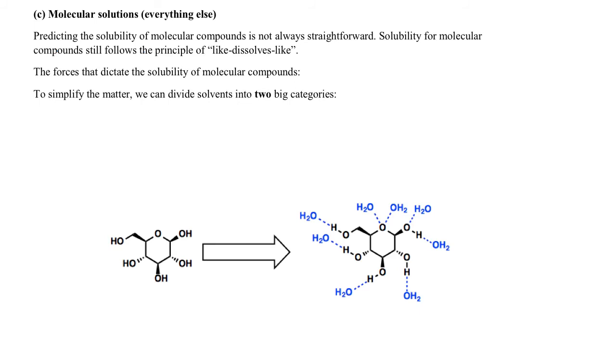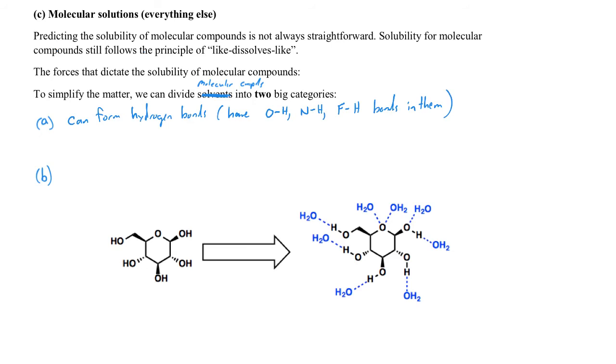So there's a lot of variation in it, and for that reason, we get a lot of different solubility properties. Now, we're not going to go into too much detail here other than dividing molecular compounds into two big categories and then trying to make some predictions based on the category a particular molecule is in on whether or not it would be soluble in water. So let's say that molecular compounds can be either those that form hydrogen bonds or those that cannot.